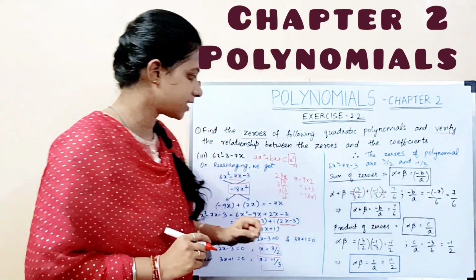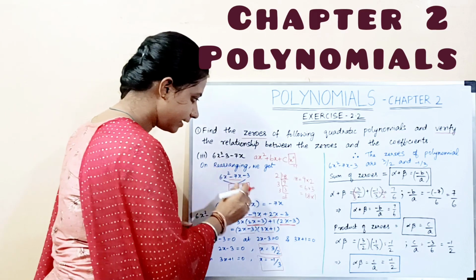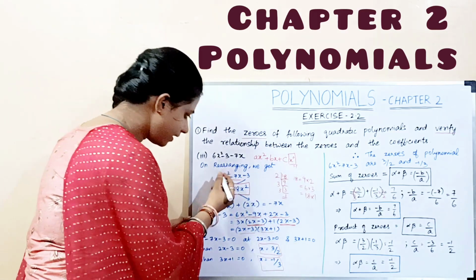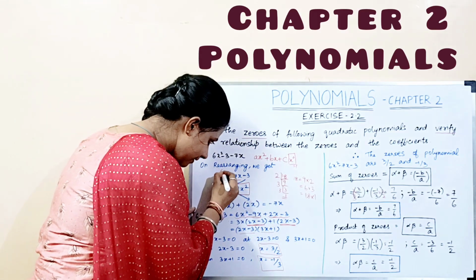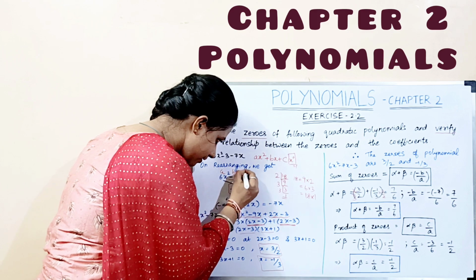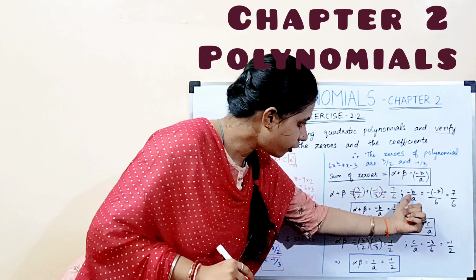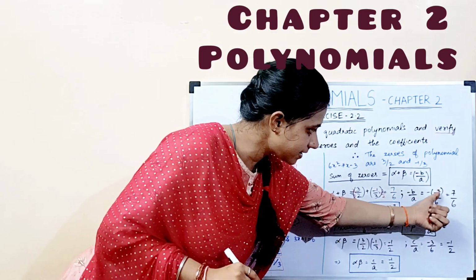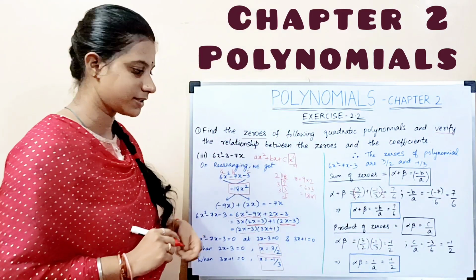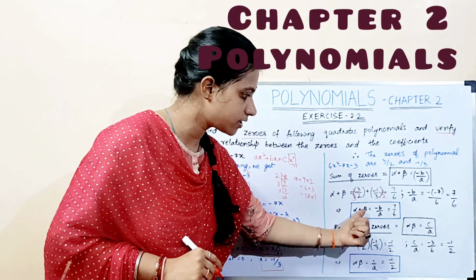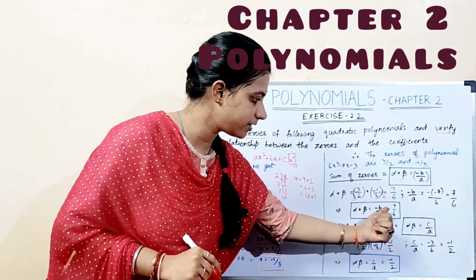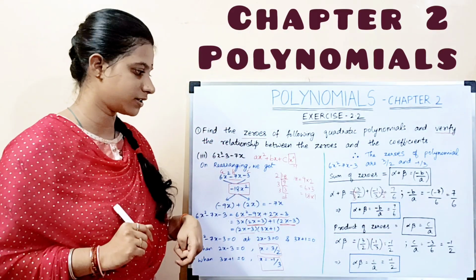For finding minus b by a, here in this particular term we get a as 6, b as minus 7 and c as minus 3. So for minus b by a, minus of minus 7 by 6, which is 7 by 6. So the sum of zeros is equal to minus b by a equal to 7 by 6.